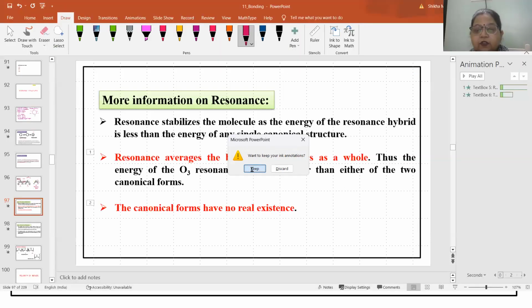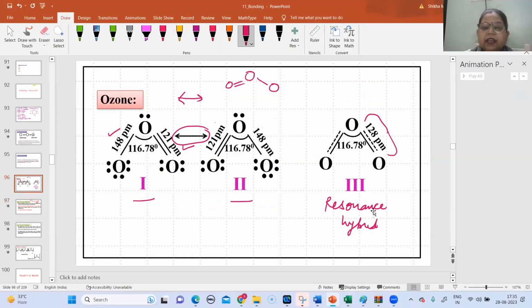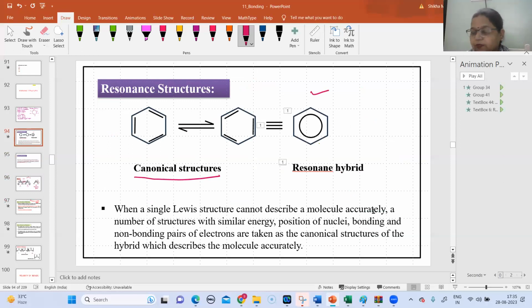So let's go back to the structures of benzene and assign certain energy to them. Say the energy of this structure is 120 kilojoules, and this one has 130 kilojoules; the energy of the resonance hybrid will be 110 kilojoules. Please don't quote it anywhere.